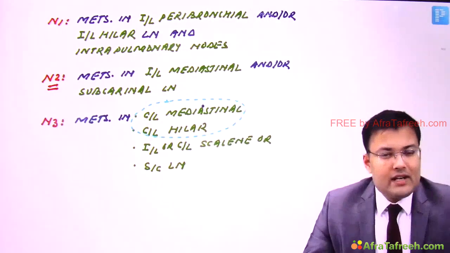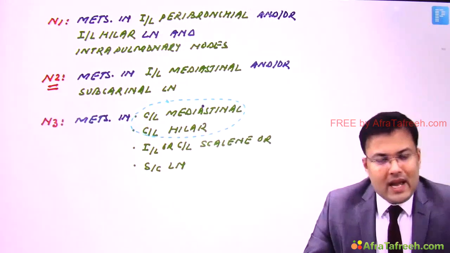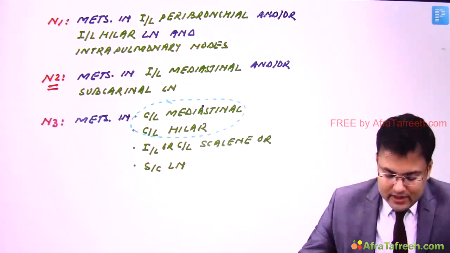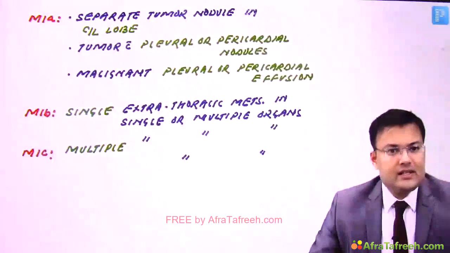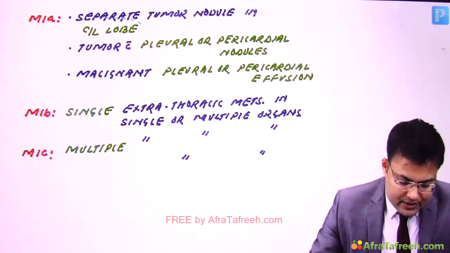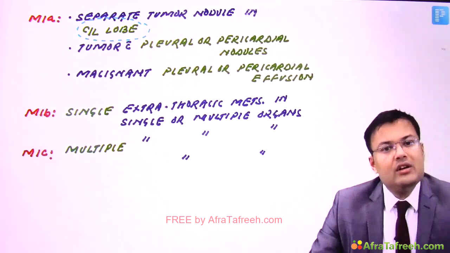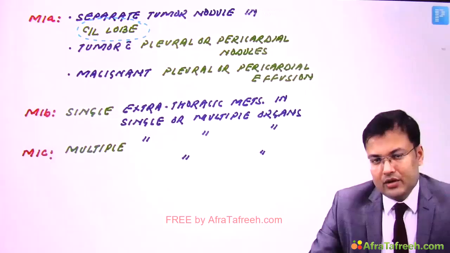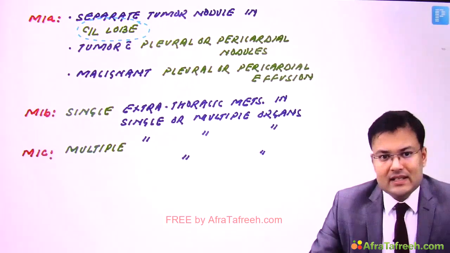Metastasis is also divided into 3: M1A, M1B, M1C. See the types. The first thing in M1A: if there is a separate tumor nodule in the contralateral lung, it is a type of metastasis.